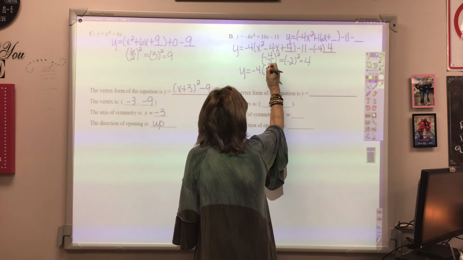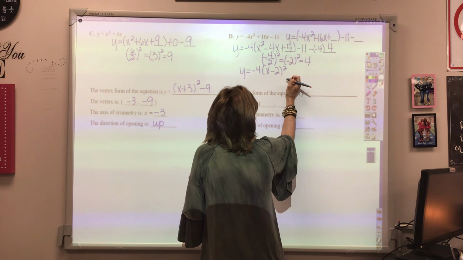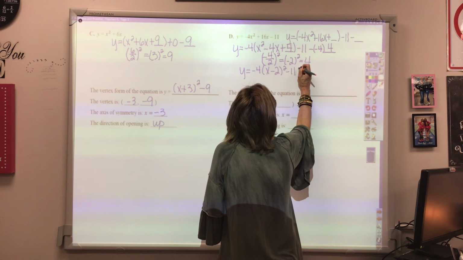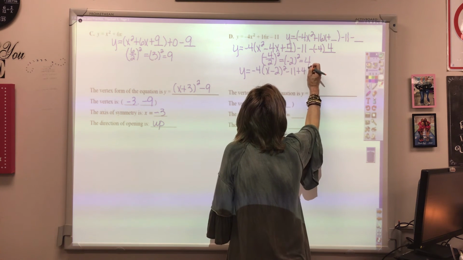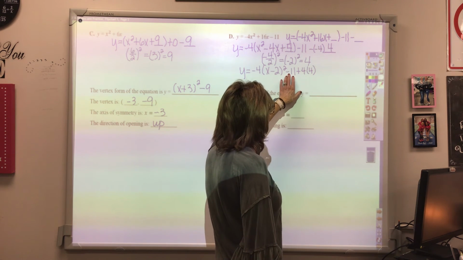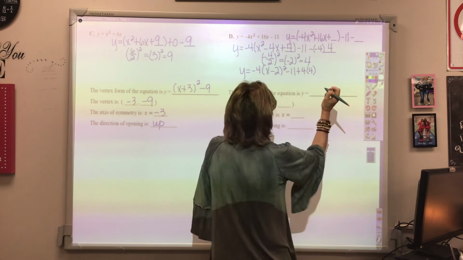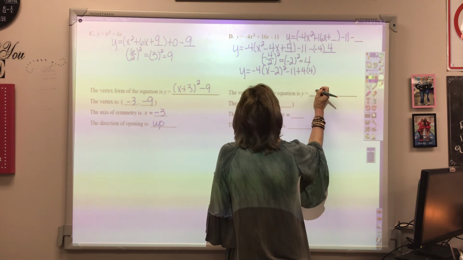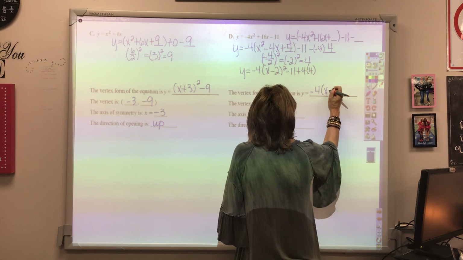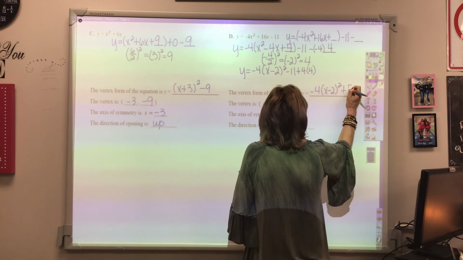Put our -4, we'll have x minus 2 squared. Then we have minus 11 plus 4 times 4. So we just want to simplify this. The -11 plus 16 should give us plus 5. So our vertex form would be y equals -4 times x minus 2 squared plus 5.